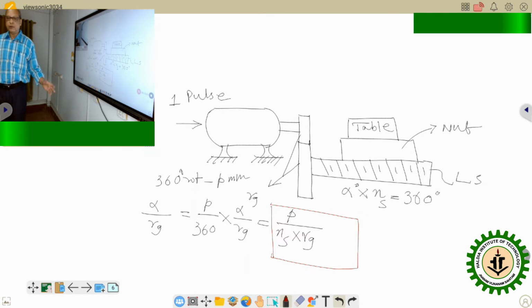So that is how the resolution is quantified. Okay.